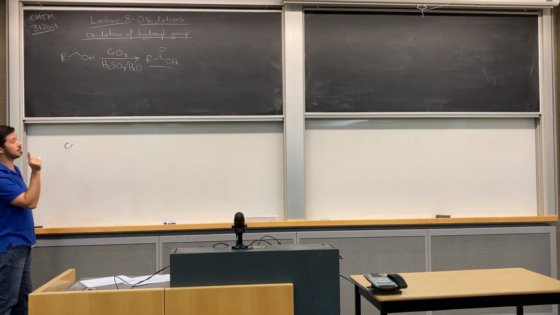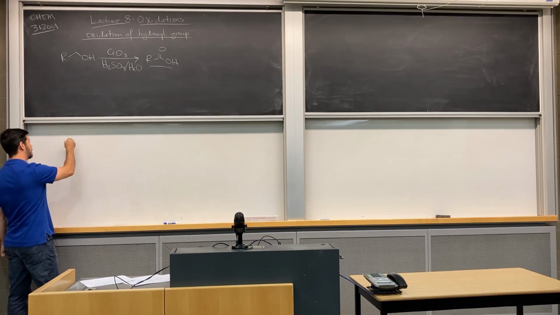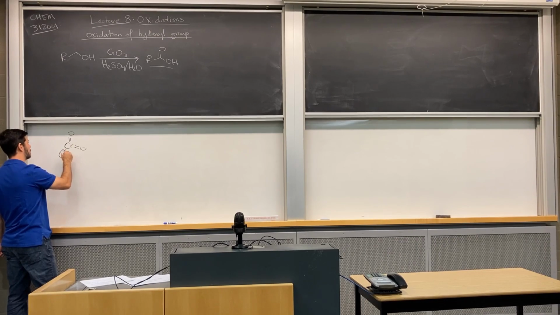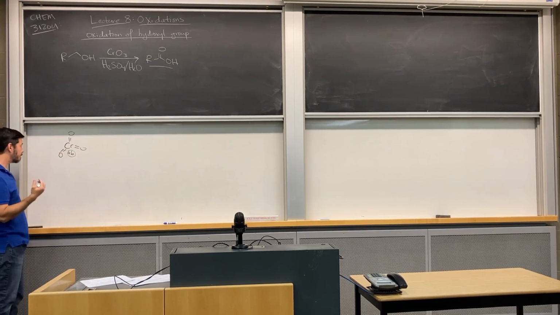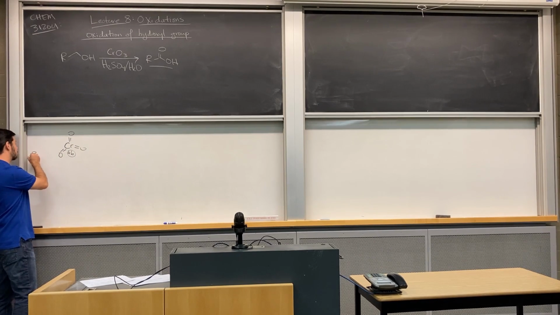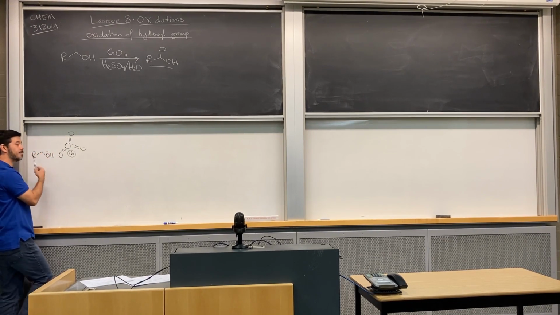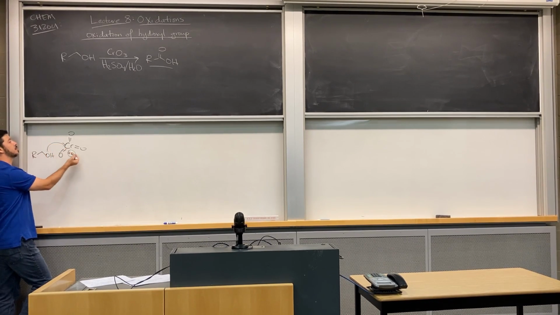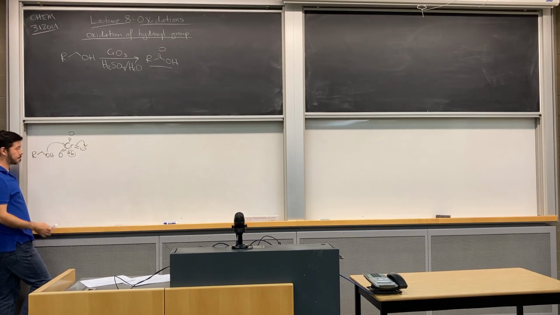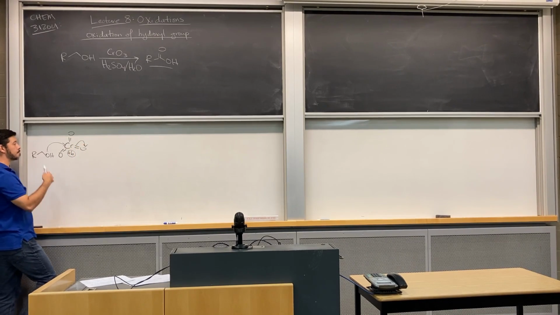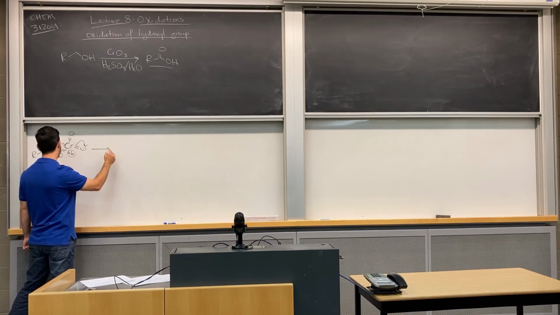And the chromium trioxide is in a +6 oxidation state. So it has a lot of affinity for electrons. So if we take our alcohol, the first thing that's going to happen is that you're going to get your nucleophile and it's going to react with chromium in its +6 oxidation state. Okay, so nothing too crazy there.